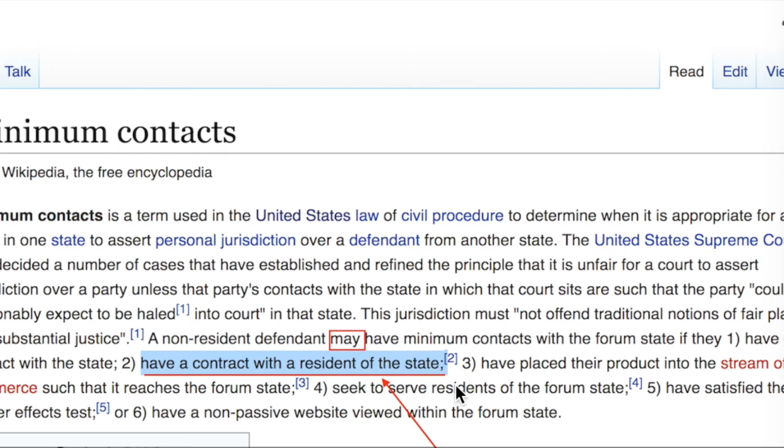We have to look at the legal rule of being involved in commerce to produce a minimum contact, and that is doing business in a state. If you're doing business in another state, you incur a minimum contact. Now, what's doing business? Is banking doing business? It can be in some cases, but most states exempt banking from the doing business rule.